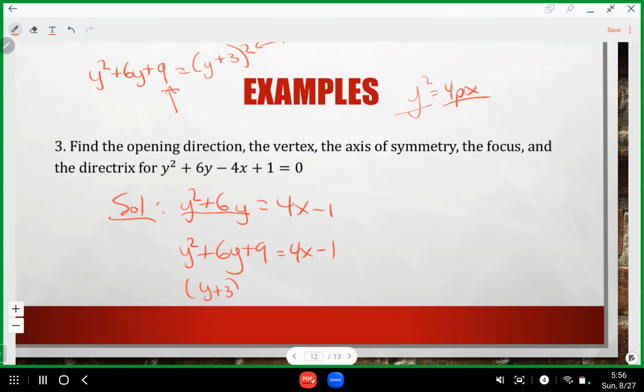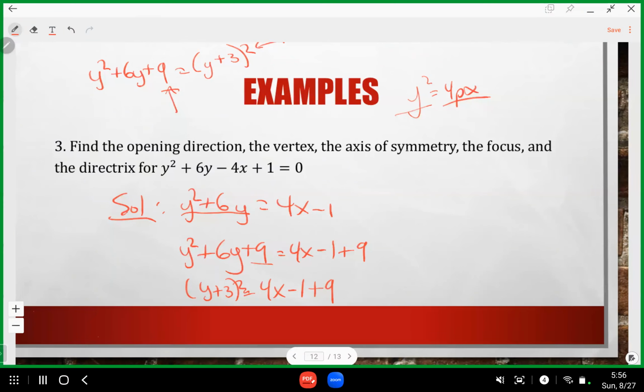So then we get (y plus 3) squared is equal to 4x minus 1. Is that correct? Are you sure? No, because when you add 9 to one side, you have to add 9 to the other side too. You can't just add 9 to one side. So make sure everybody remembers that when you complete the square and add a constant, you have to add it to both sides.